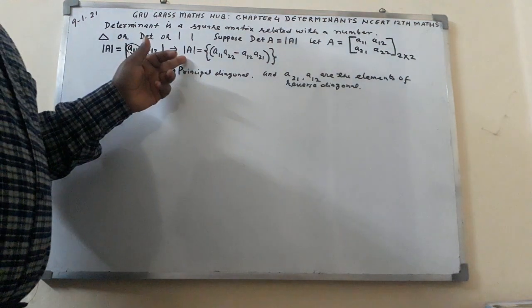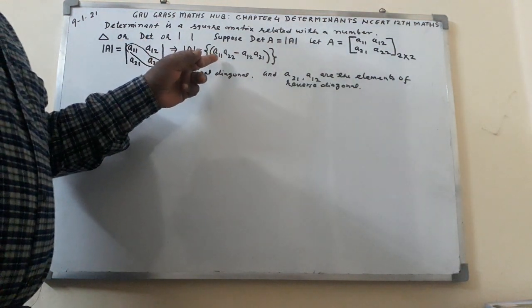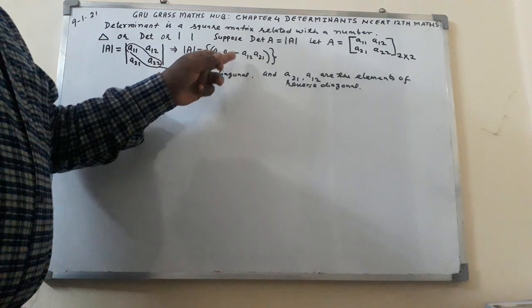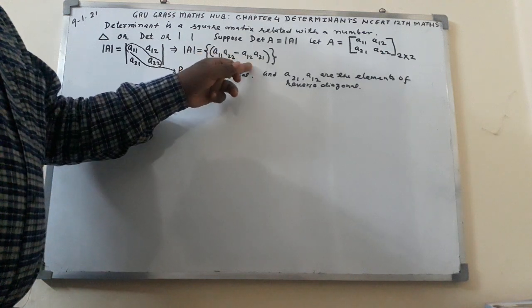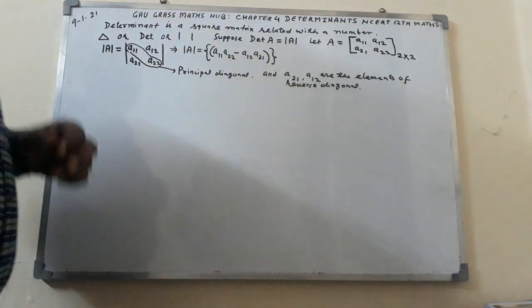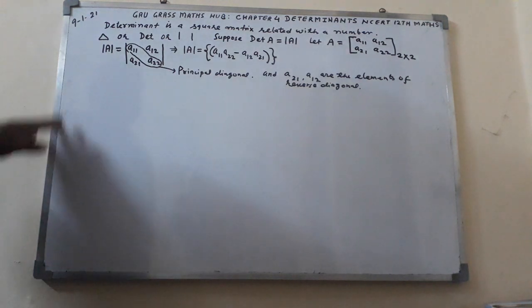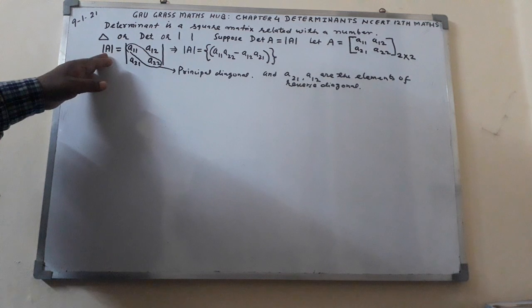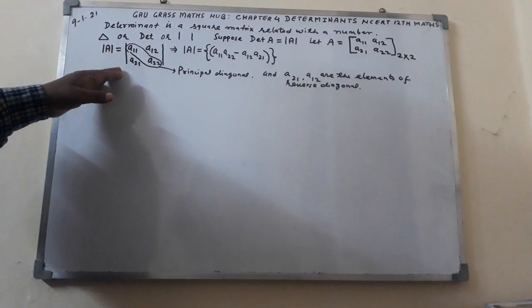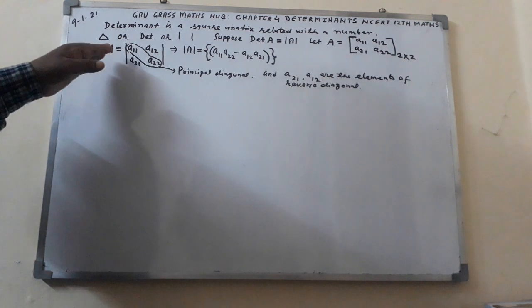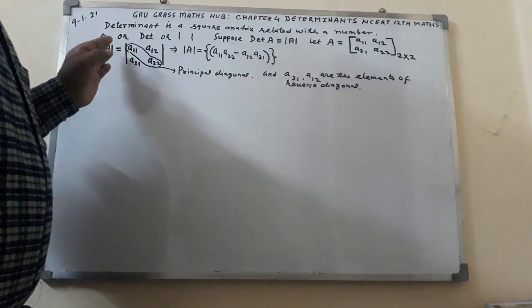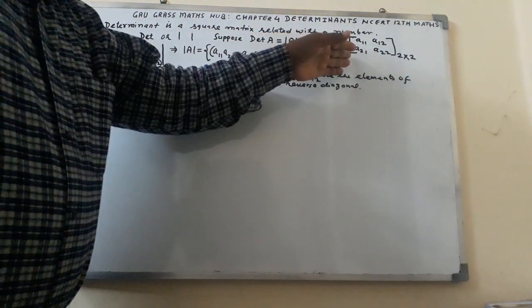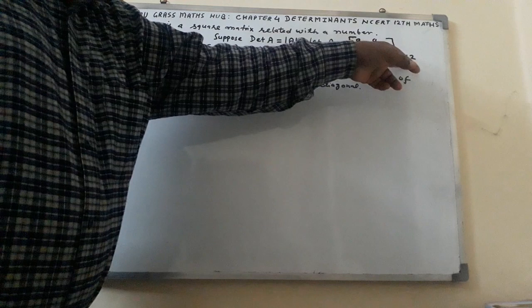So det A, we have got A11 A22 minus A12 dot A21. This determinant is also of order 2 cross 2. This determinant we have got from a square matrix, and this square matrix is of order 2 cross 2.